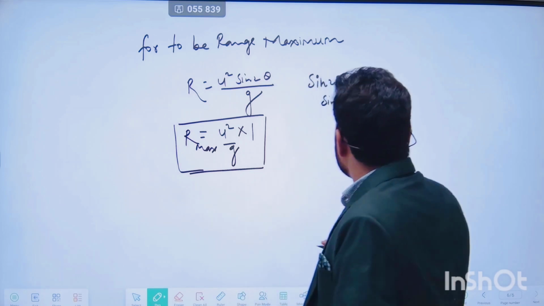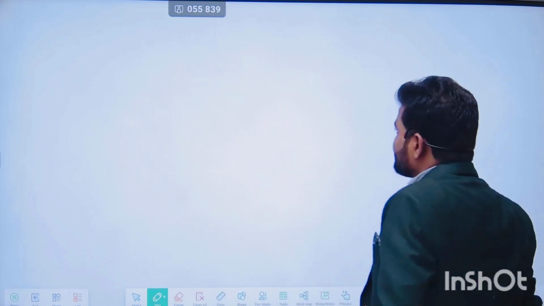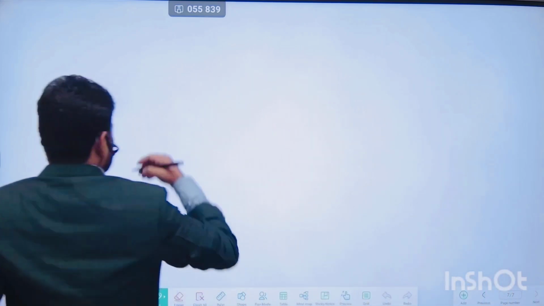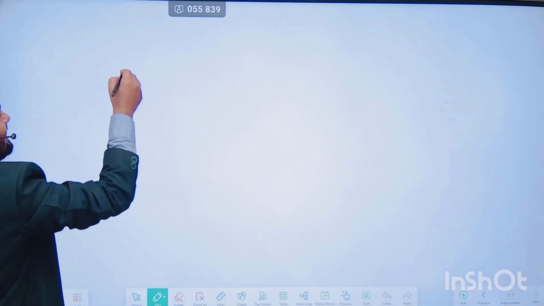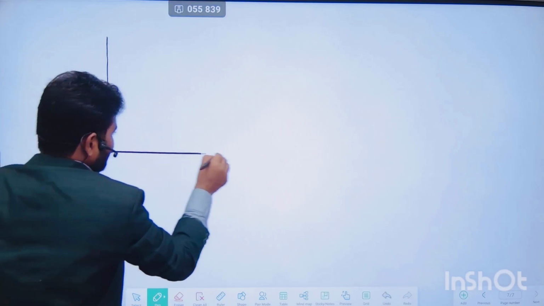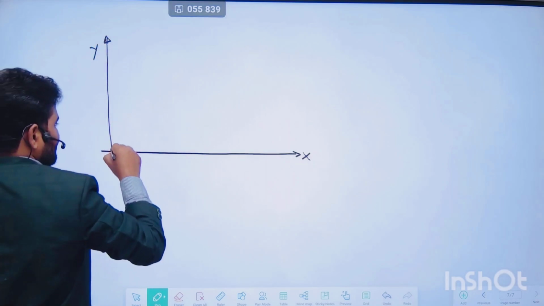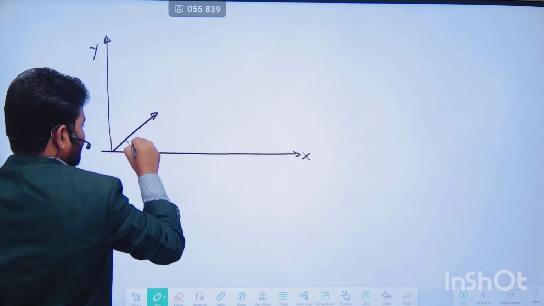In a similar manner, we are getting the next topic, that is velocity at a general point. Say for example, this is our x-axis, this is our y-axis. The projectile is launched at an angle of theta.